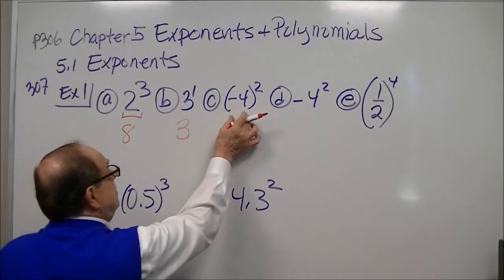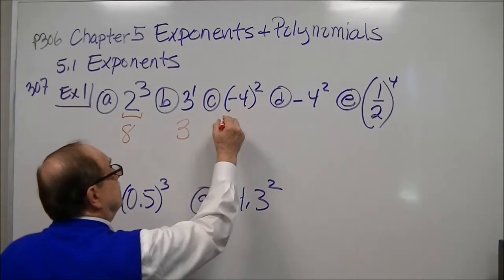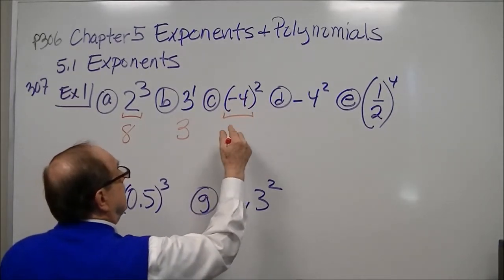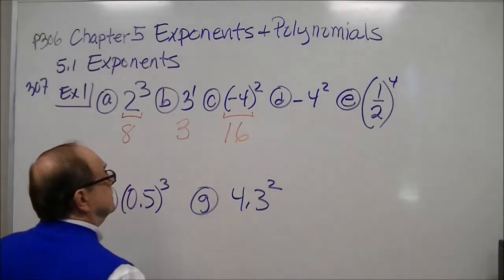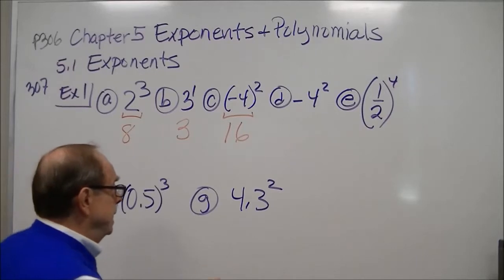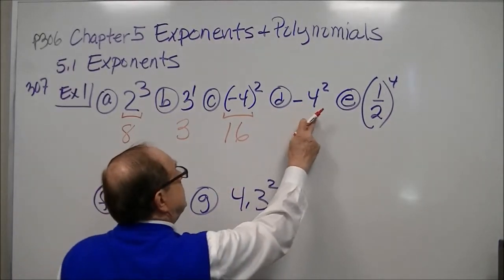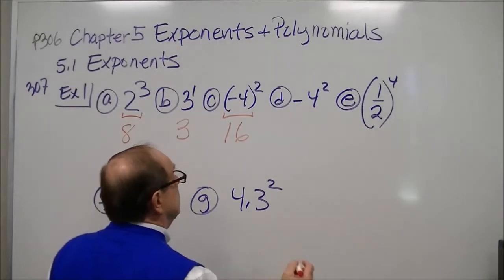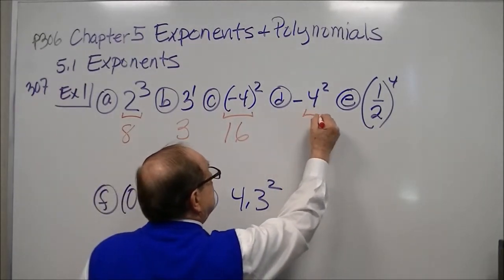Now here our base is -4. So it's -4 times -4 gives us a positive 16. Now here's where it gets a little tricky, because what is our base here? And the key to this is only the 4.